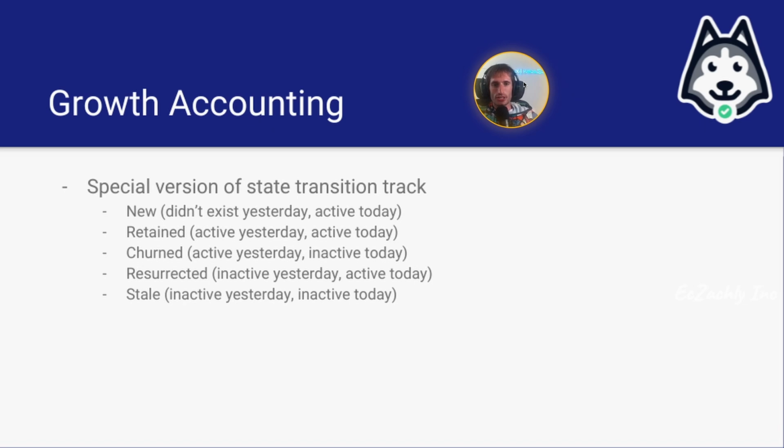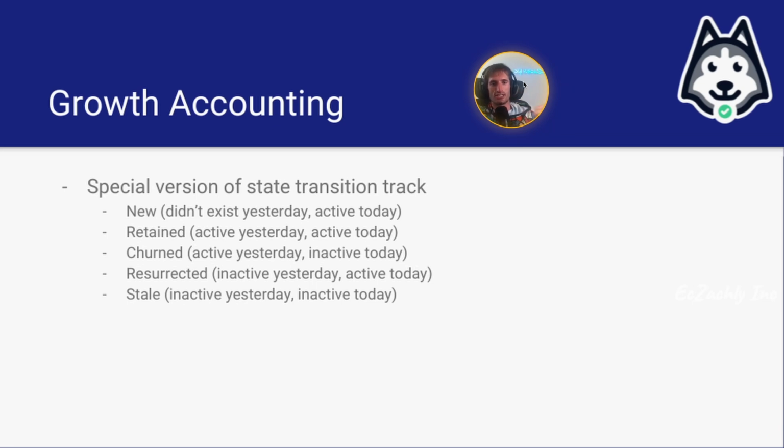In some patterns, you have a sixth state like deleted or deactivated, for users who were active or inactive yesterday and then don't exist today because they disappeared, because you have to filter them out.